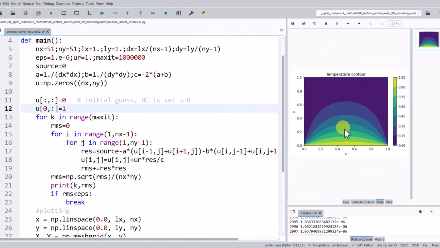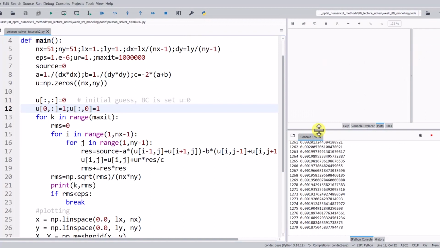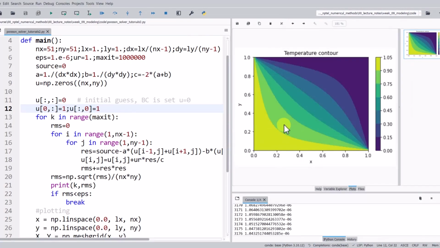If I make x equals 0 and y equals 0 both 1, then I can set another boundary condition that this is 0 and this is equal to 1. Let's try it. The case is running now. It is possible to have an analytical solution like this, with 2 boundaries 0 and 2 boundaries 1.